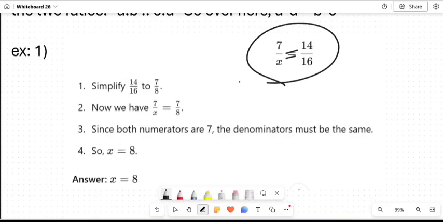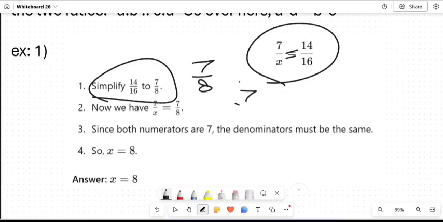So we have 7 by x equals 7 by 8. Now 7 by 8 is basically a simpler form of 14 by 16.